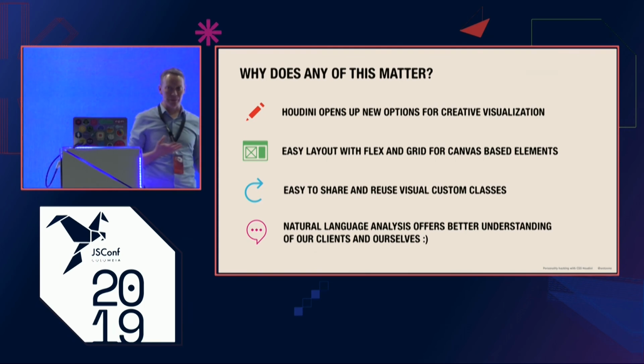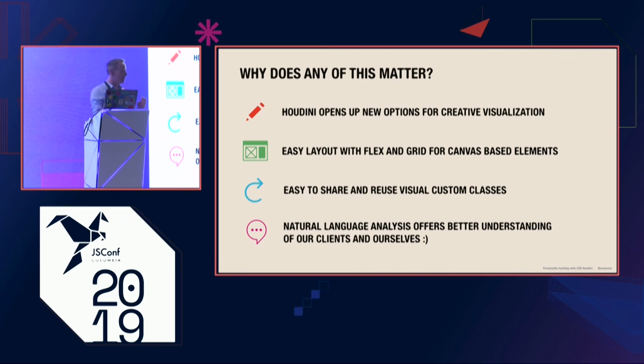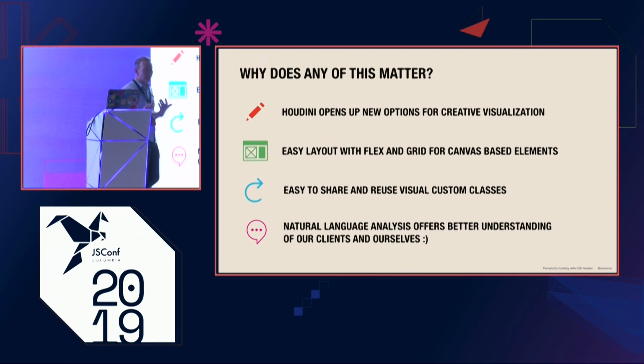I've worked a lot with Canvas in the past, and it's a nuisance drawing complicated things, but with layouts like Flex and Grid, you can mix and match using a bit of Canvas within your CSS and laying things out and reusing them. And then you can start to create your own libraries for reusing visual components and sharing them. And then finally, the natural language analysis, although I'm using it for personal understanding of these artists, there are real business cases for it in understanding your clients.